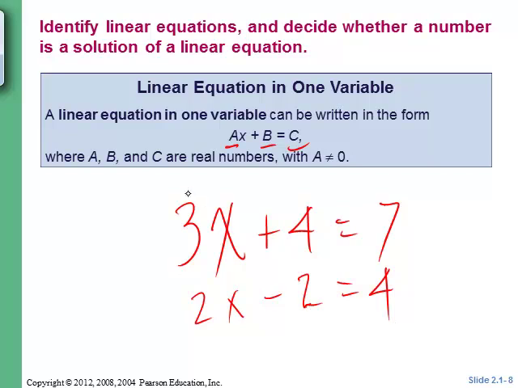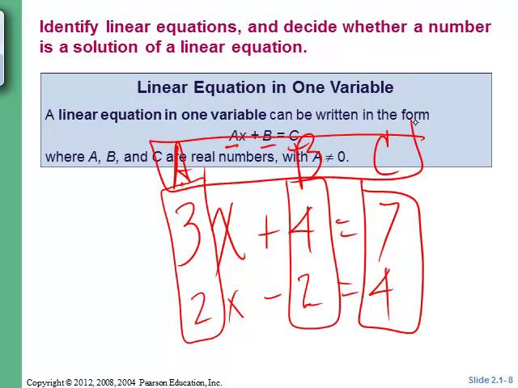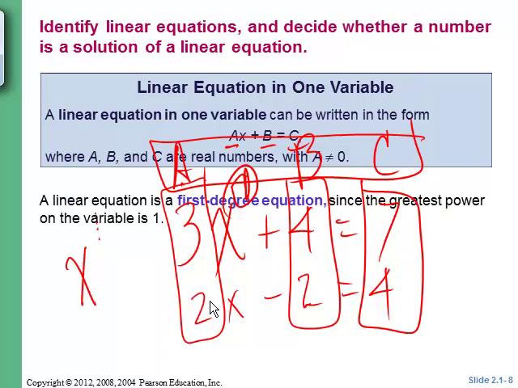But the important thing is that these are the letter A, these are the letter B, and these are the letter C, some real numbers. It's a first degree equation because the x is to the first power. Actually, if we don't have a power written up here, we assume it's the first degree.